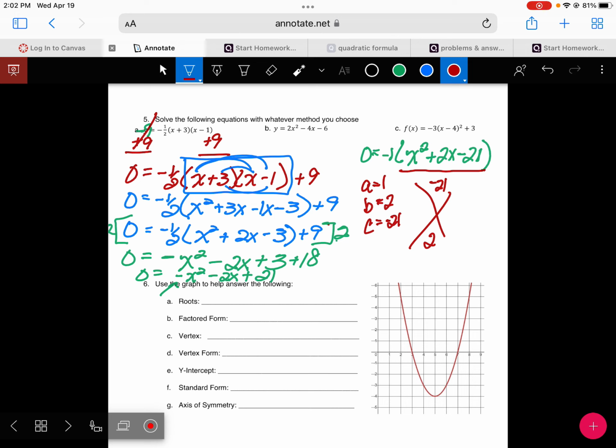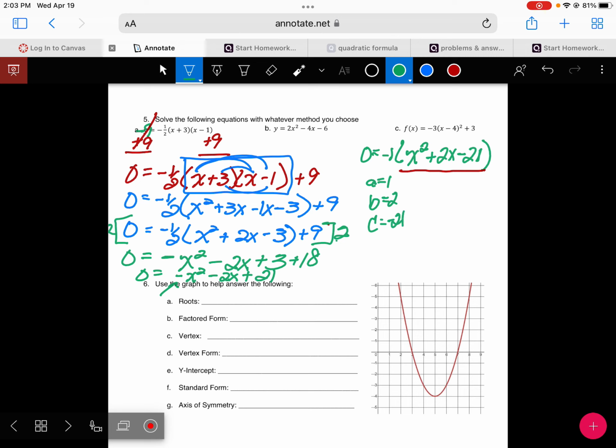What is our last resort then? Quadratic formula. Yes. So we would say, oh, I just erased my A, B, and C. A was 1, B is 2, C is negative 21. This is a yucky one.